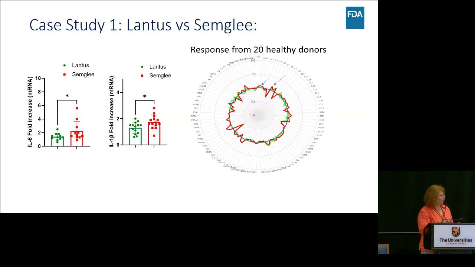When we looked at a combination of about 90 different markers, which we do, then we saw that it was really very few cytokines that had even a hint of an increase in response to Semglee than to Lantus.